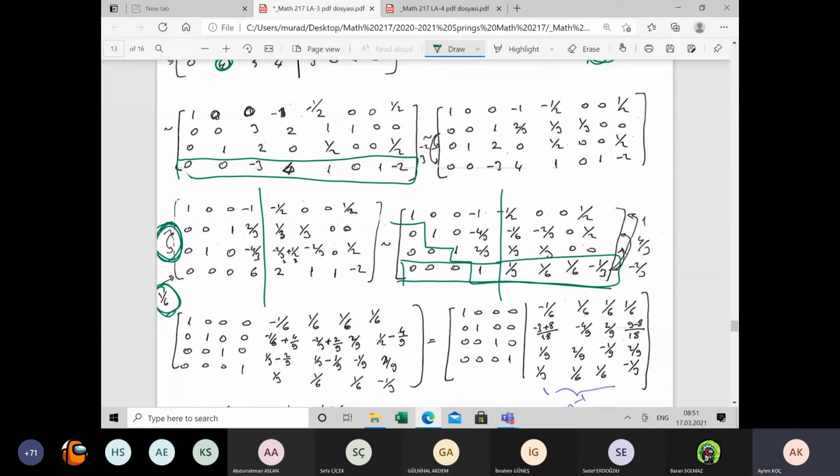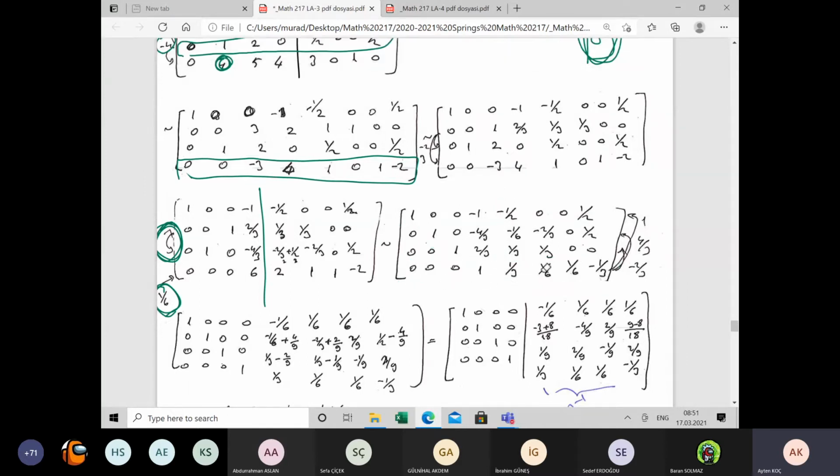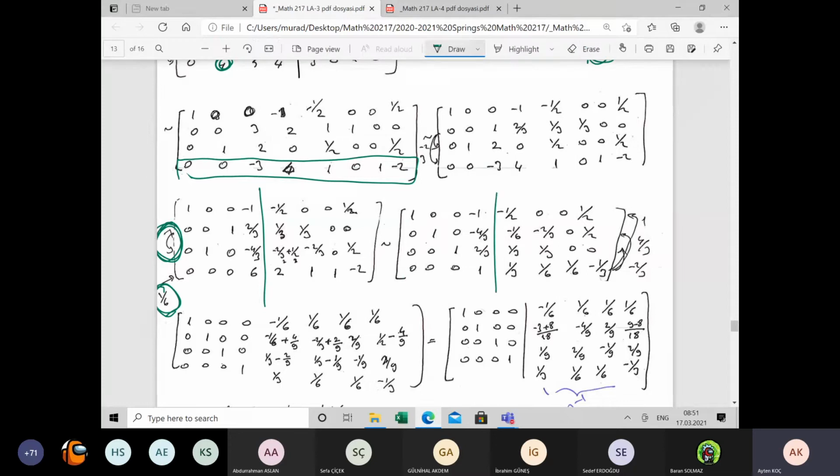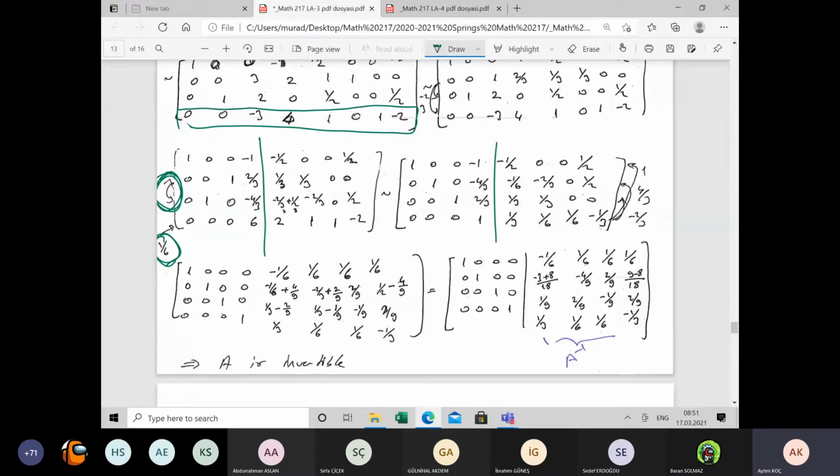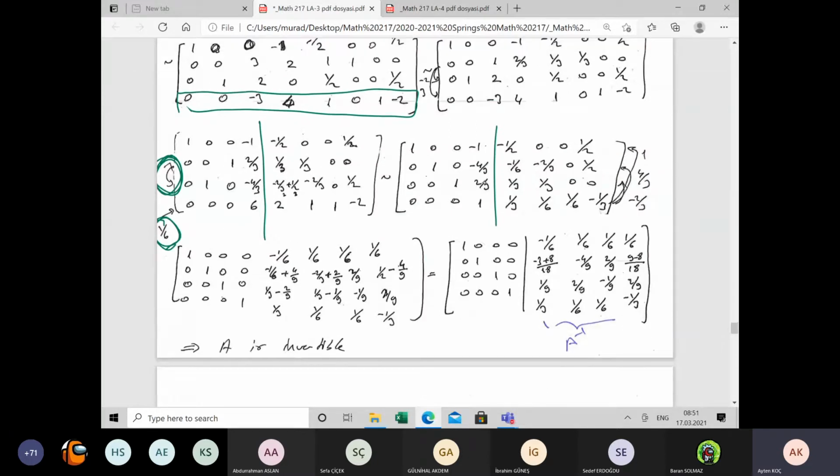This one is row echelon form, but not reduced. To get reduced, our aim is to get 0 0 0 here, and apply these operations, so we obtain reduced row echelon form.